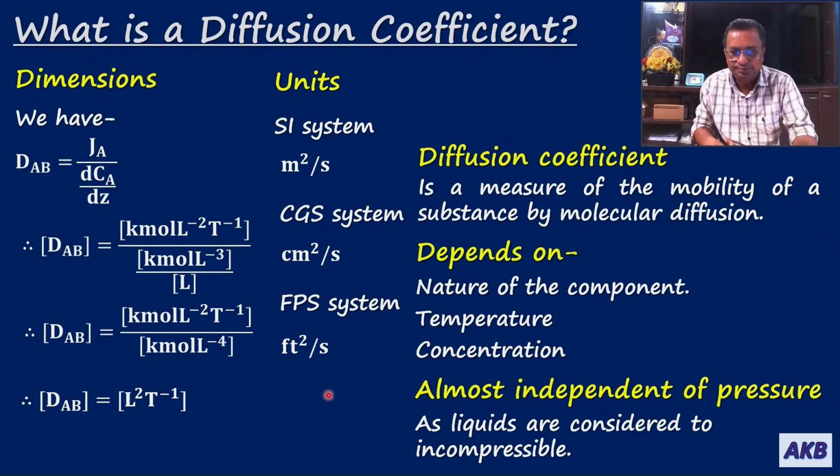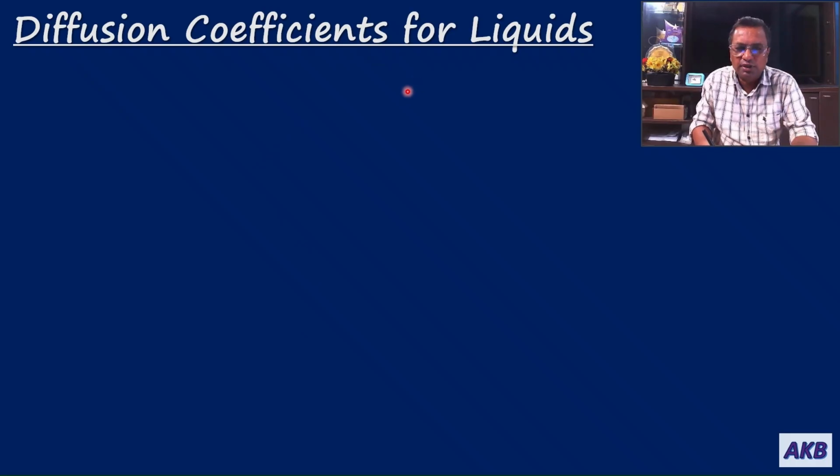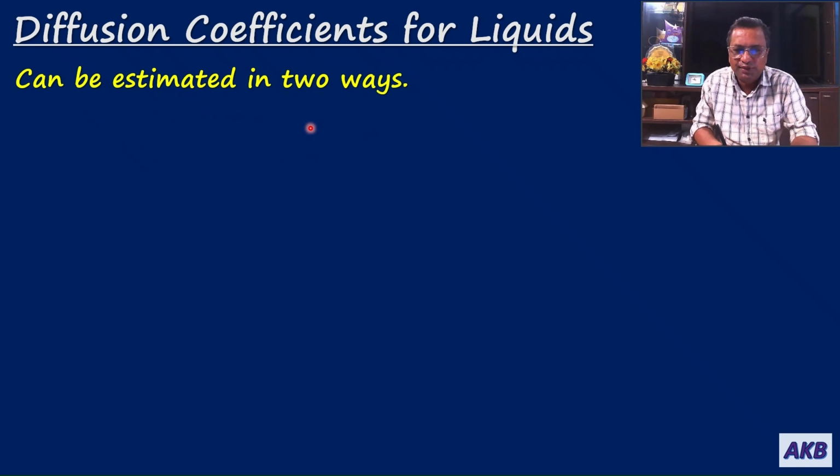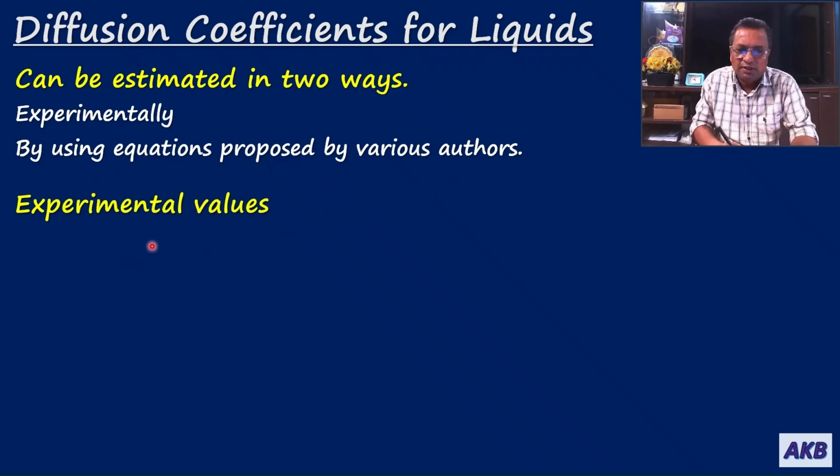Let us move on. Now let us know a few important equations for estimating diffusion coefficients for liquids. You can estimate them in two ways. First, you can estimate those diffusion coefficients experimentally, or you can estimate them by using equations proposed in the literature by various authors. Experimental values are highly accurate.